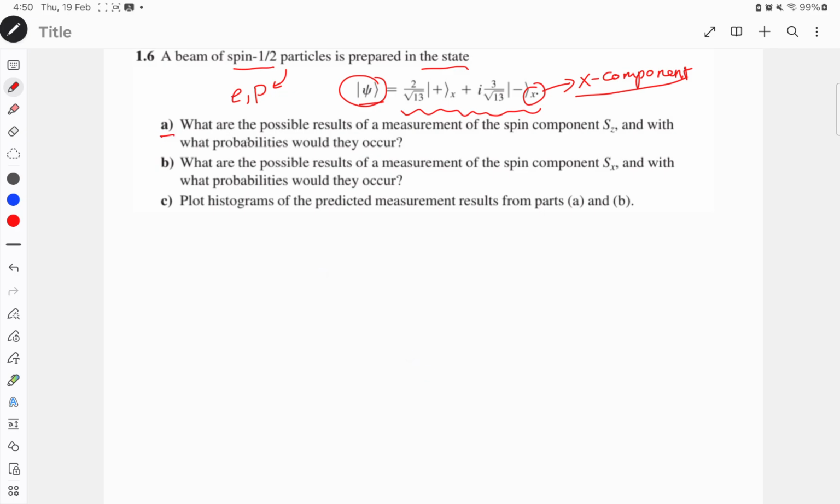So in A, what are the possible results of a measurement of the spin component Z?